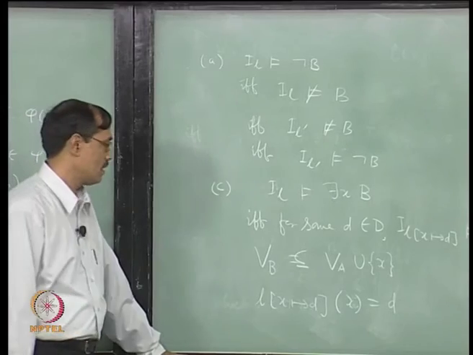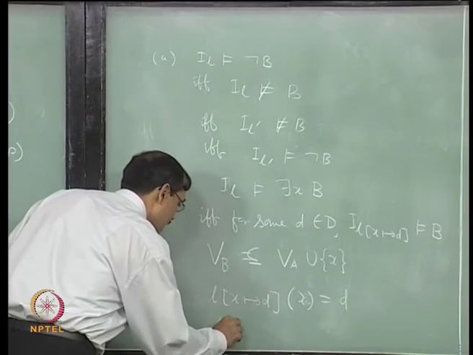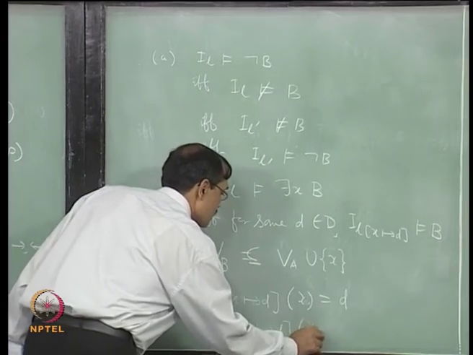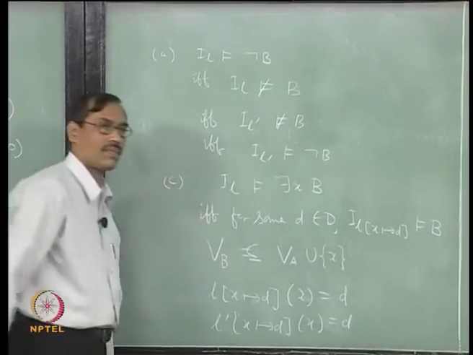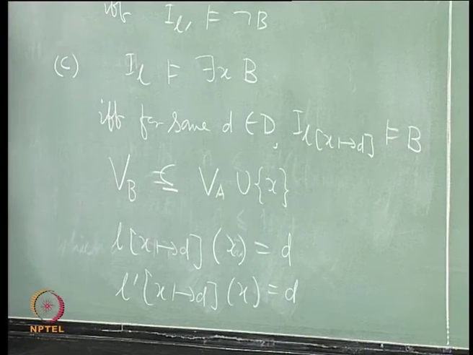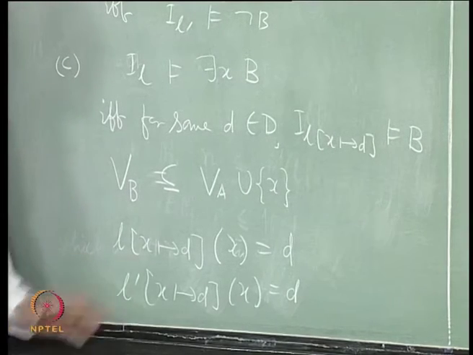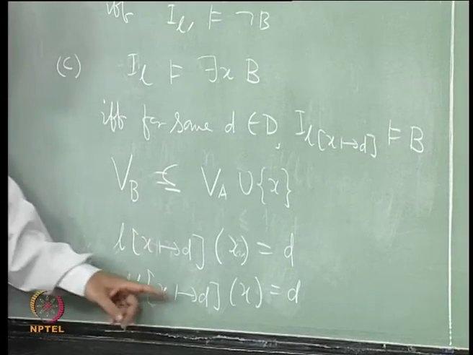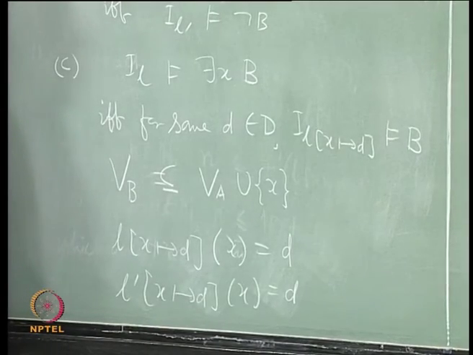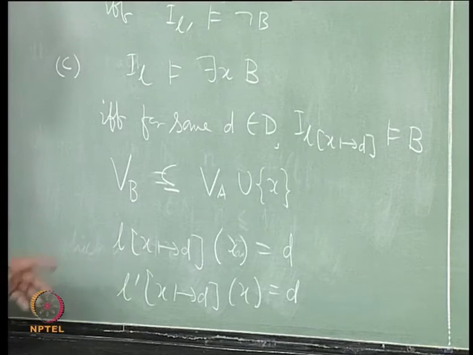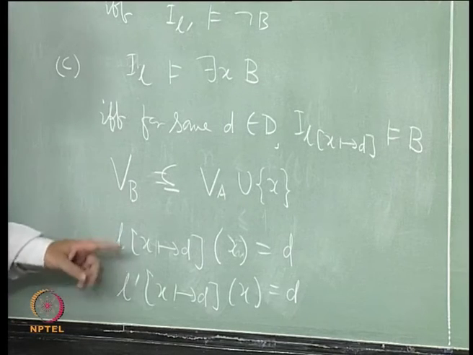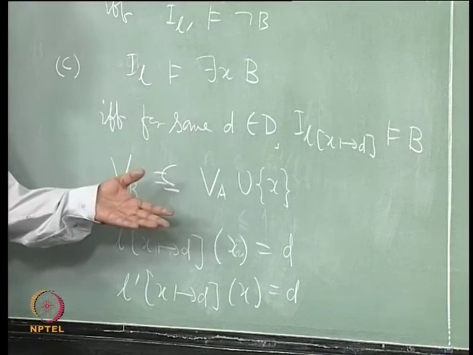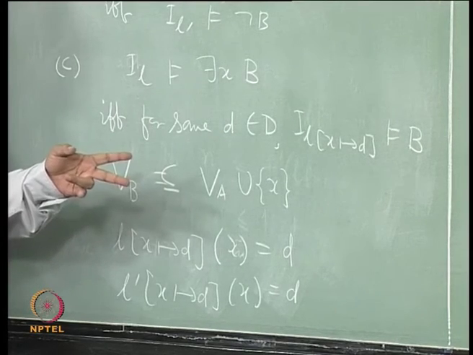Okay. Now, what about L prime x to d? That is also d. Okay. Though L and L prime may not agree, we do not know what they are, but L x fixed to d, L prime x fixed to d, they agree, fine. So, now we are not going to see whether L and L prime agree, but whether these two are agreeing or not, even on the other variables, because there we are applying the induction hypothesis, right.